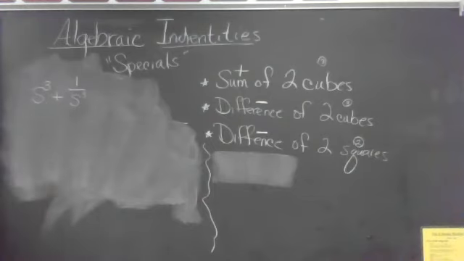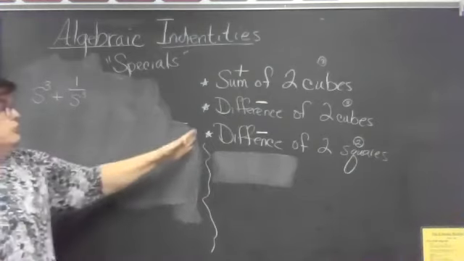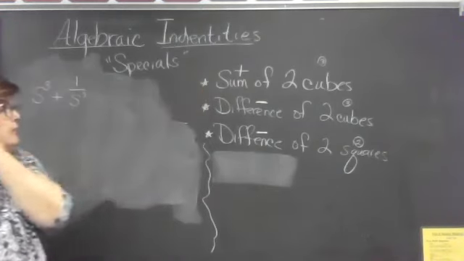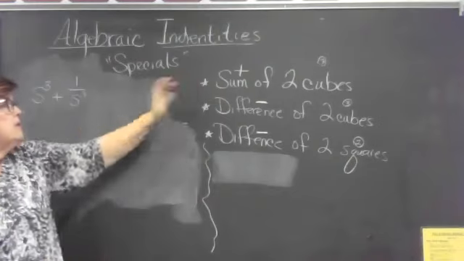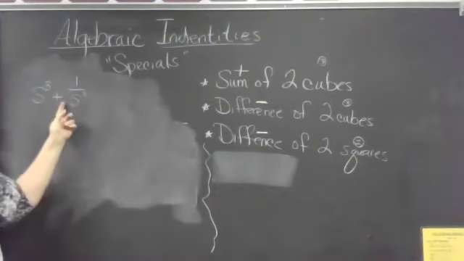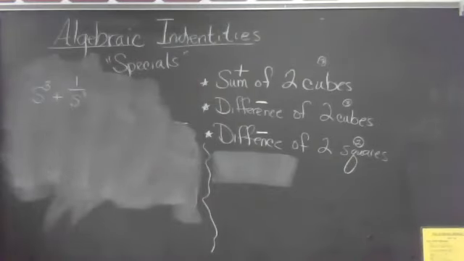Plus, out of our 3 that we're choosing from, there's only 1 that has a plus. So if it's a special, it has to be this one because of the plus sign. So our test is to find the cubed root of each piece.